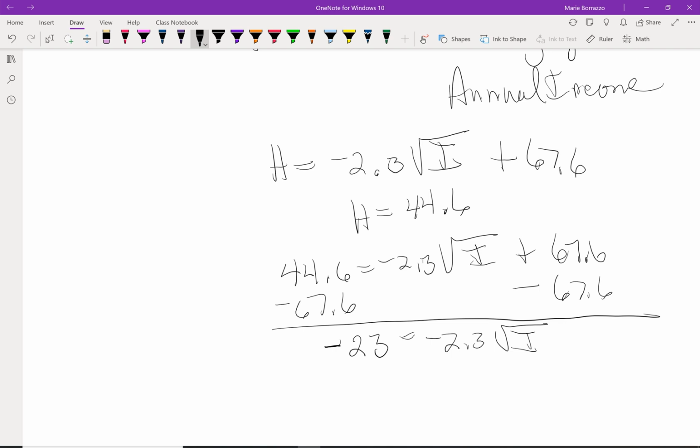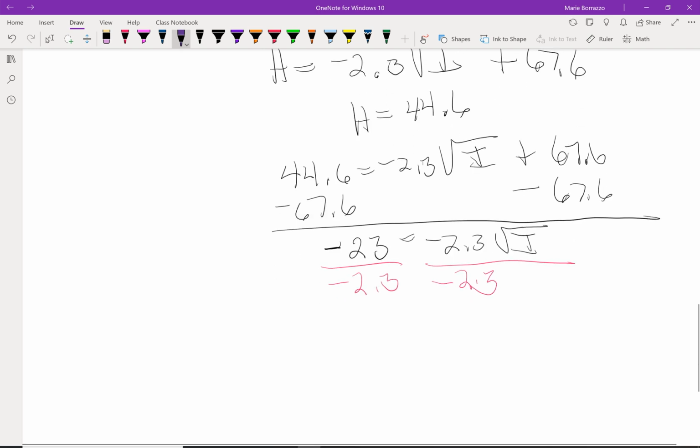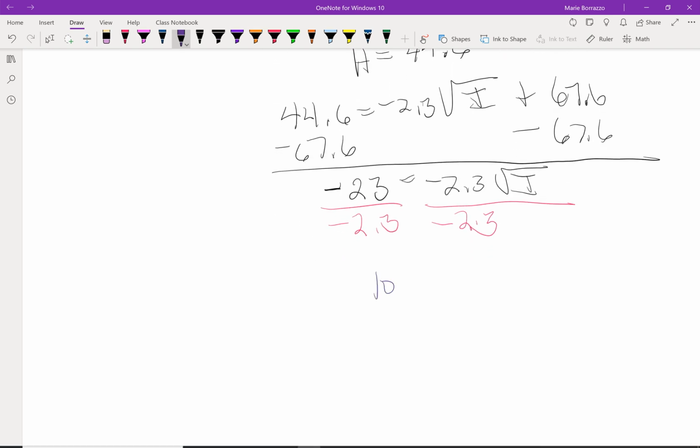Remember that I is the annual income in thousands of dollars, by the way. So obviously the next step, if I'm solving for I and I have negative 2.3 attached to it, is to divide by negative 2.3. That's going to give me 10 is equal to the square root of that annual income.